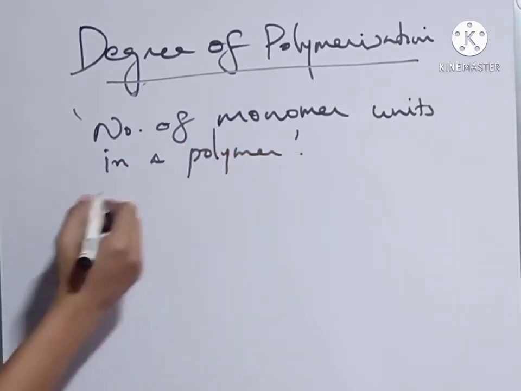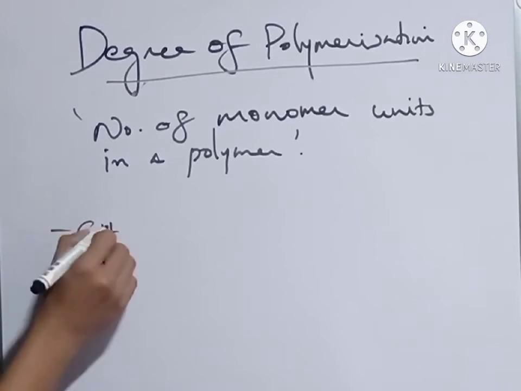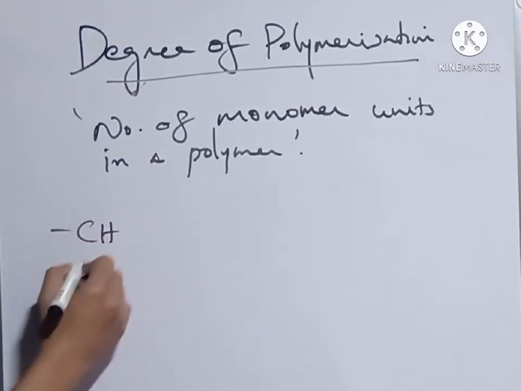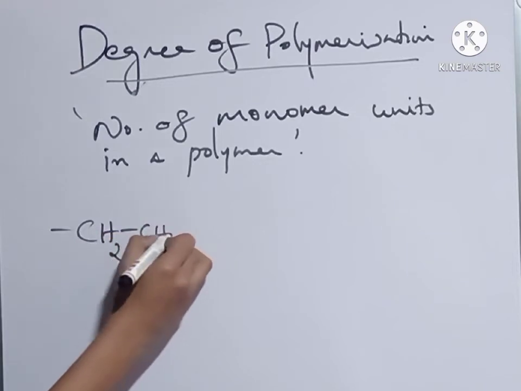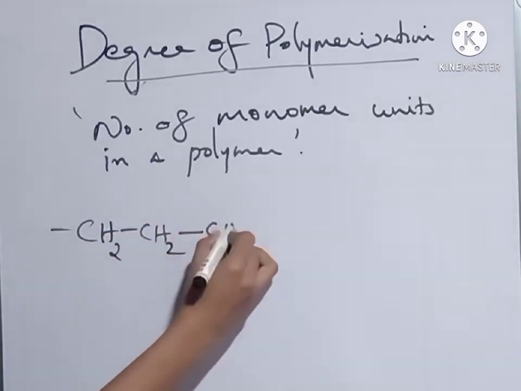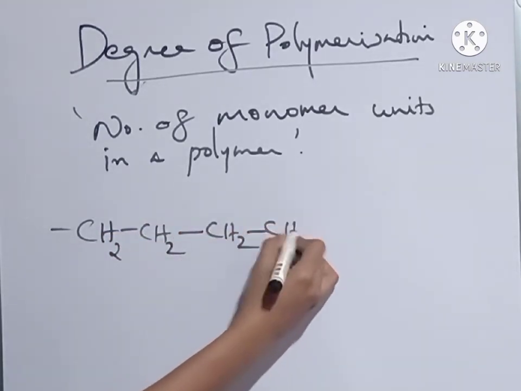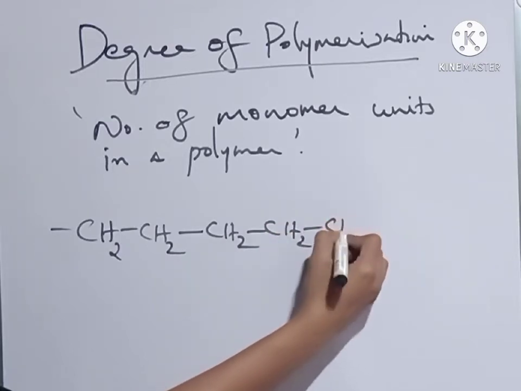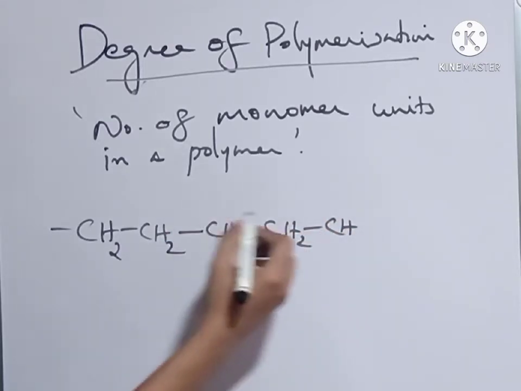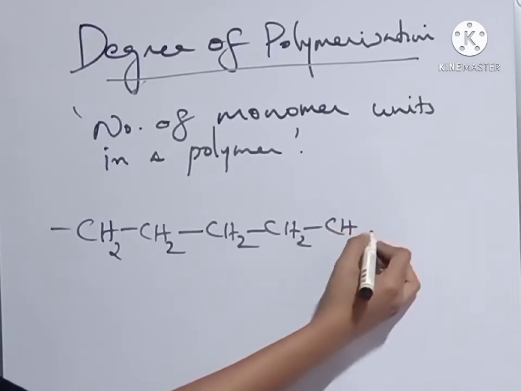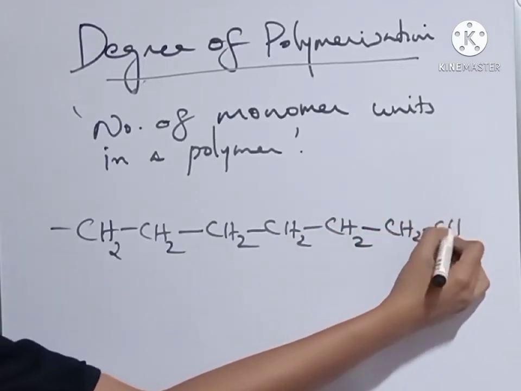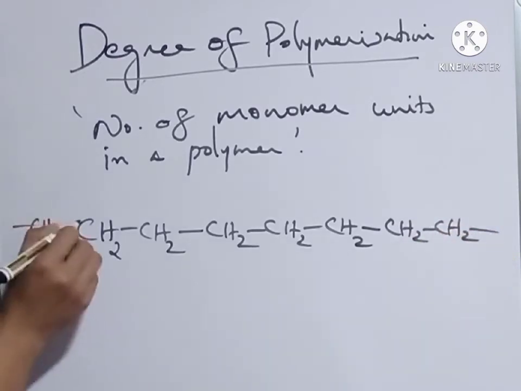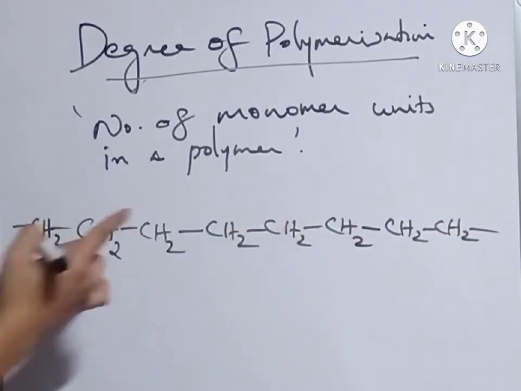For example, if this is a polythene molecule, so this is a polythene molecule.